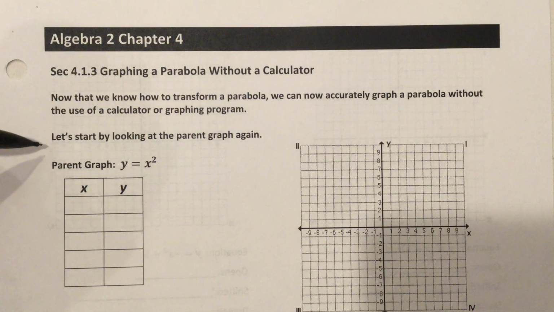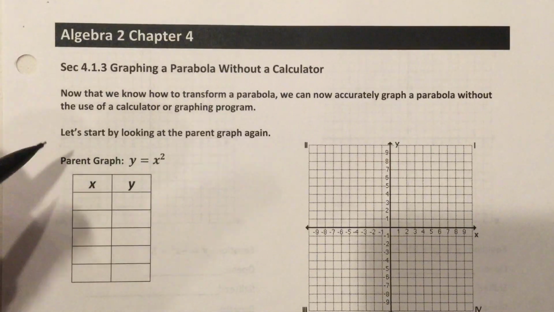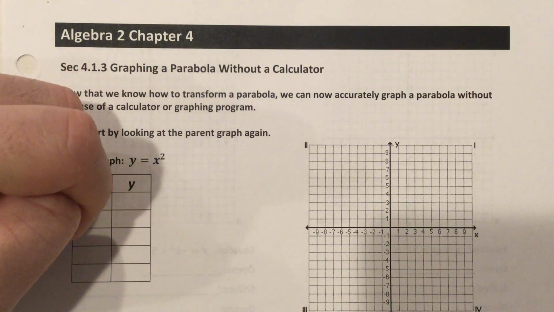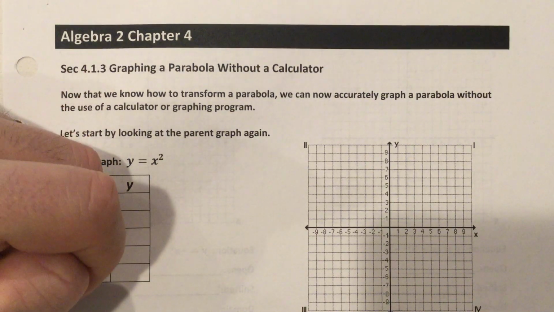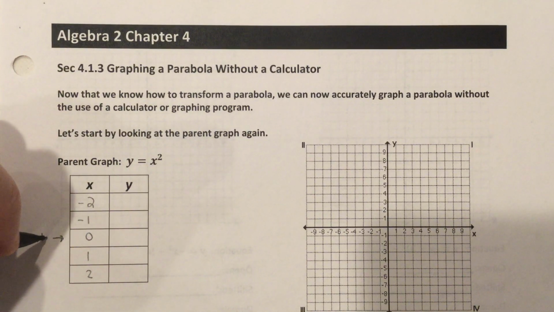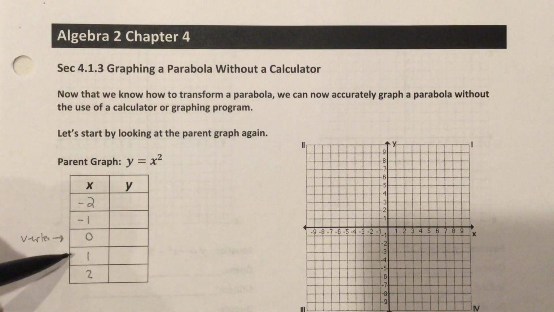So first thing we're going to do is look again at the parent graph. Remember, the parent graph is y equals x squared, and our table for that always is -2, -1, 0, 1, 2. Remember, the x value of 0 for our parent graph is the vertex, and then we add 2 points to the left and 2 points to the right.